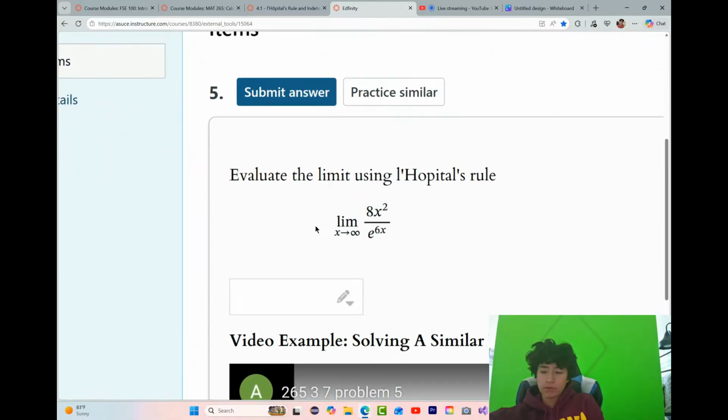Now we have the limit as x tends to infinity of 8x squared over e to the power of 6x. So infinity over infinity.